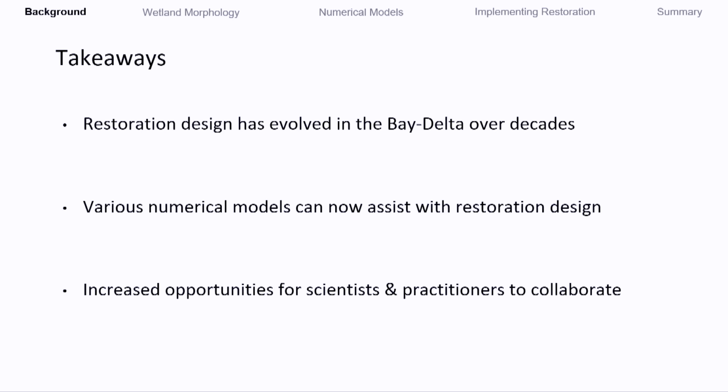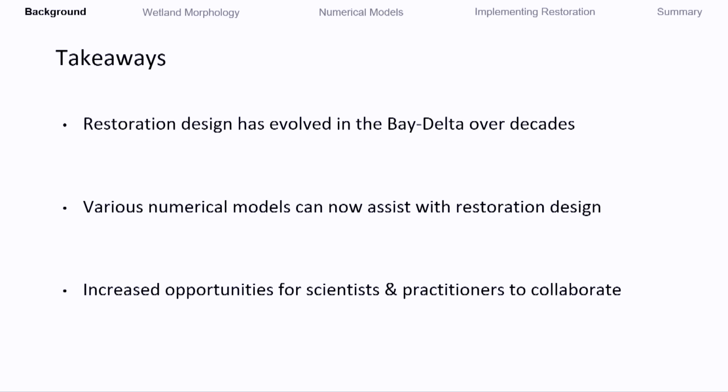And now, increasingly, there are various numerical models that can help assist with restoration design. This is really exciting because it provides more direct opportunities for scientists, restoration practitioners, managers, and so on to collaborate together to design these things.